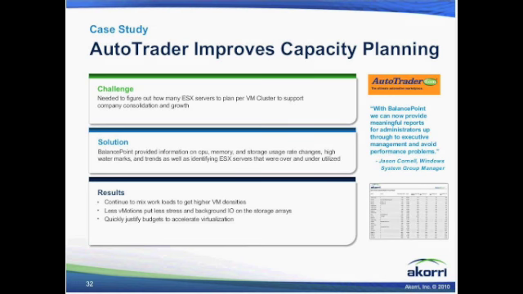So what BalancePoint did was show them the information they needed, including server and storage usage, that enabled them to mix workloads to get higher VM densities without impacting performance. I think they went from maybe like 10 to 1 to 30 to 1 VM densities, and were able to effectively manage their service levels. And this actually led them to virtualize more and accelerate their plans, which is great.